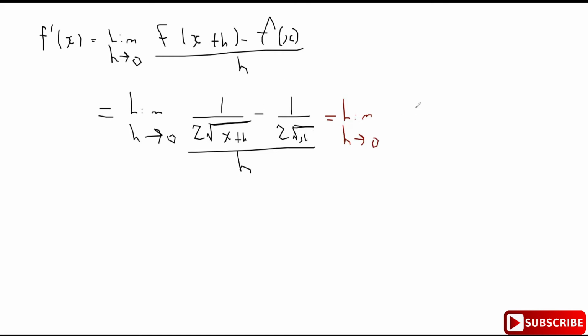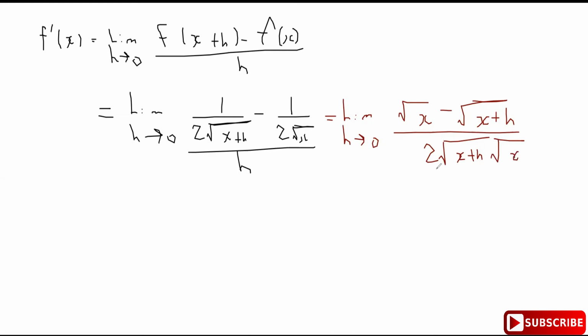Then we multiply up to become root x minus root x plus h over root x plus h, and then this is divided by 2 times root x plus h times root x. So I write it as one fraction first. My bad to say rationalize first. And remember, this is all being divided by h.